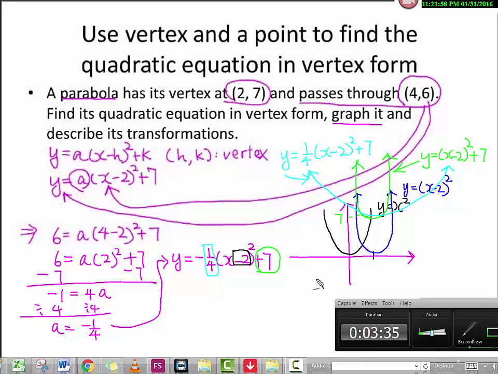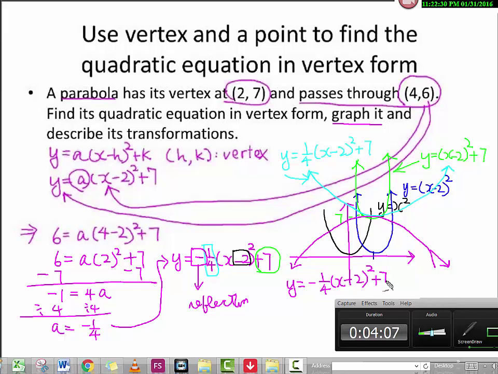But the transformation is not done yet because we still have the negative sign here. It means a reflection across the x-axis. So finally, the graph is going to be like this. Reflect across the x-axis. So this is y equal to negative 1 over 4 times x minus 2 squared plus 7.